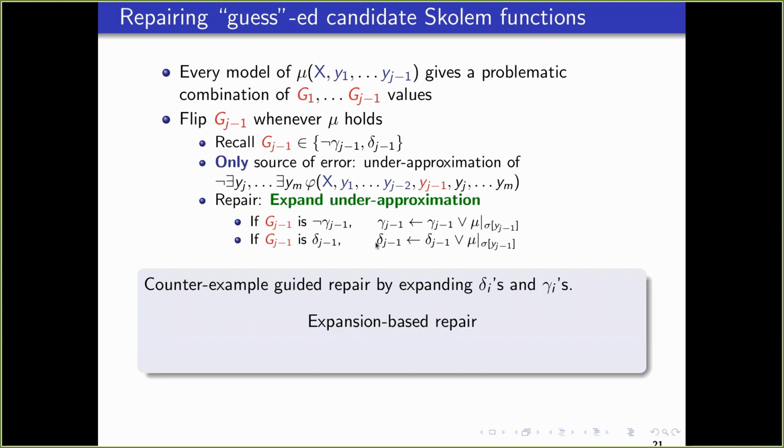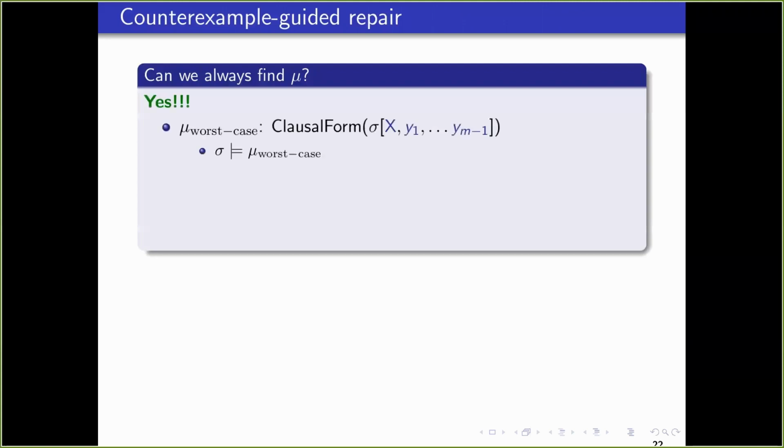This is what we call expansion-based repair, because we are expanding those gamma and delta functions. This provides a simple argument for termination, because there are only finitely many things that got left out, and at each iteration I'm covering at least one of them, so after some time all of them will get covered.